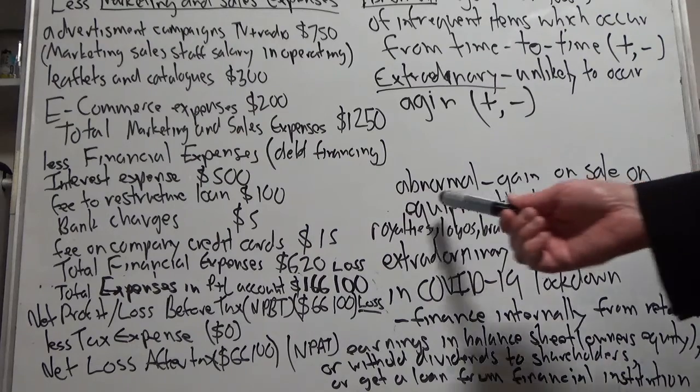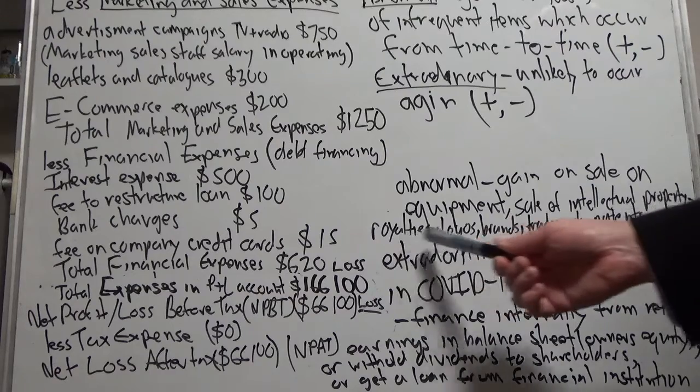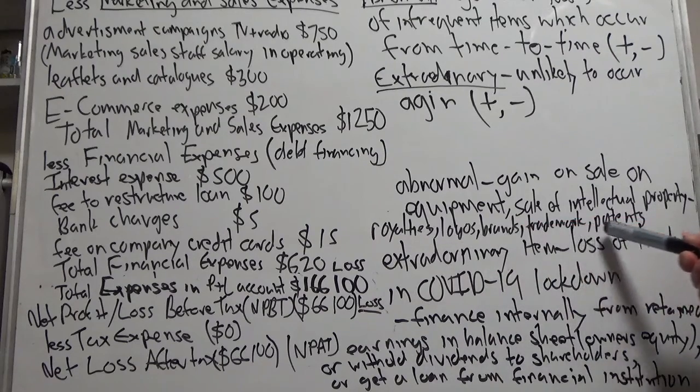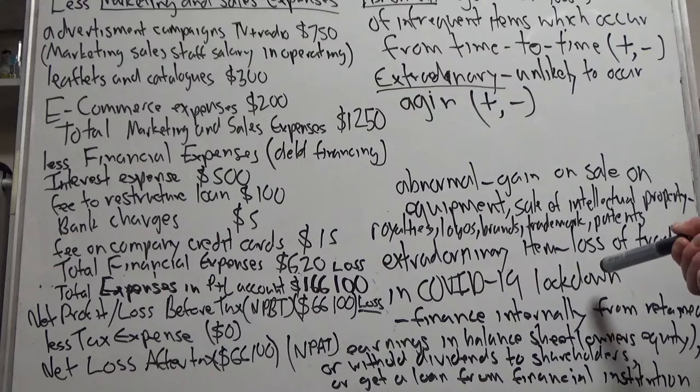Examples of abnormal items: gain on sale of equipment, sale of intellectual property such as royalties, logos, brands, trademarks and patents. Extraordinary items unlikely to occur, such as Qantas being subject to the COVID pandemic and the cessation of flights in the COVID lockdown.